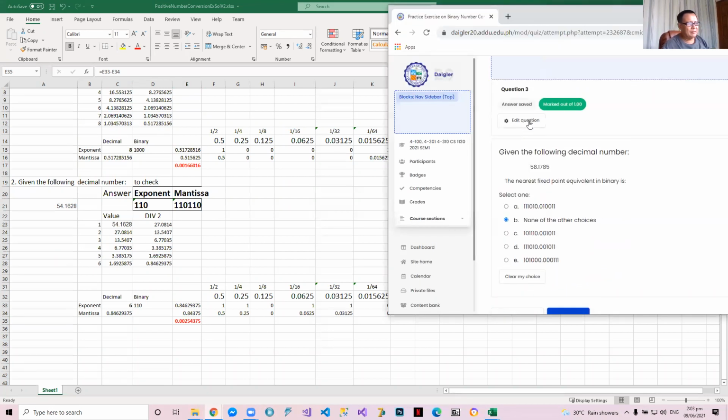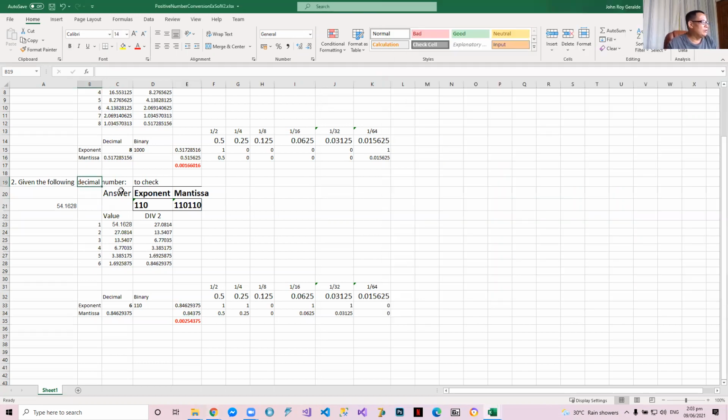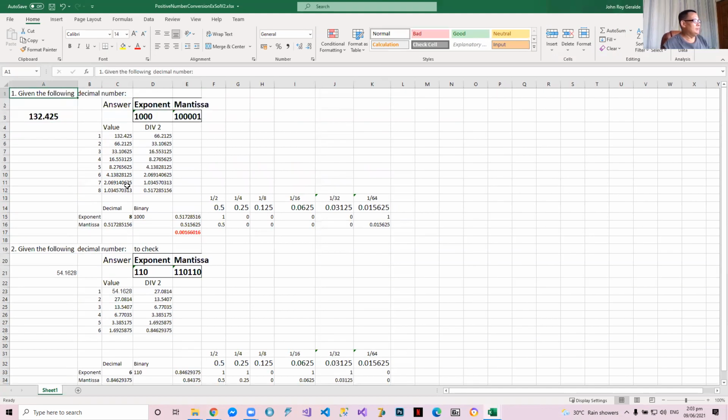Third, 58.1785. Nearest fixed point binary. Okay, this time we are not going to convert it into floating point, no?